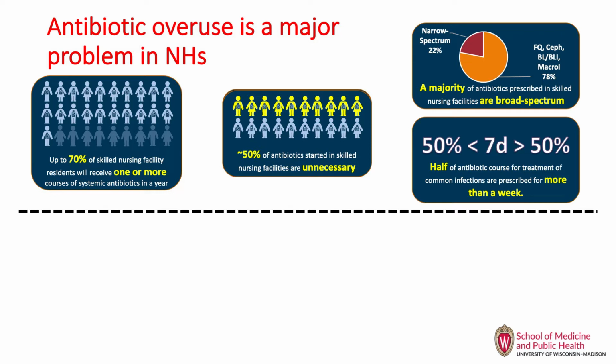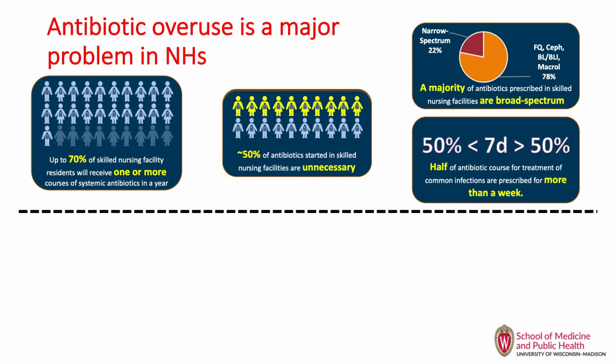Okay, so we all know that antibiotic overuse is a big problem in nursing homes. If you spend at least 6 months in a facility, about 70% of those individuals will get at least one course of antibiotics. We also know that there's a subpopulation of about 20% of residents who are hyperutilizers, getting 4, 5, 6 antibiotic treatment courses during a 6 or 12-month window.